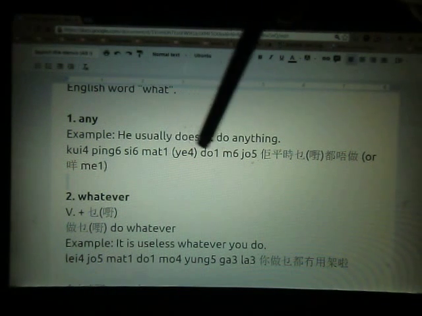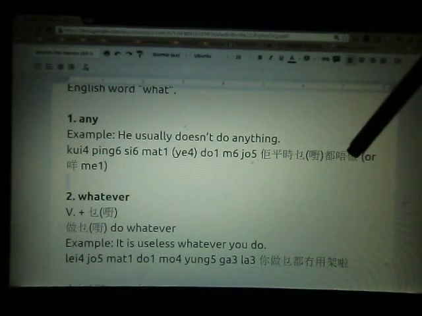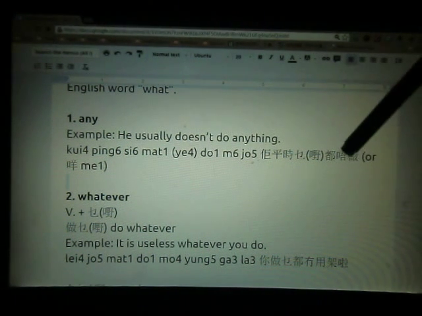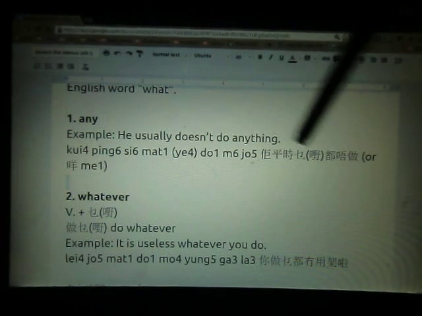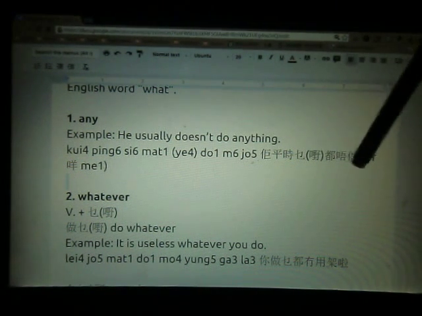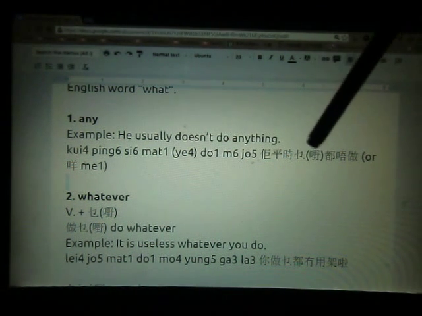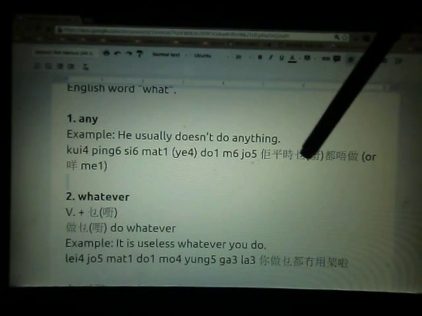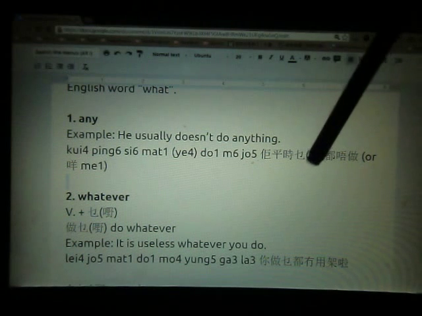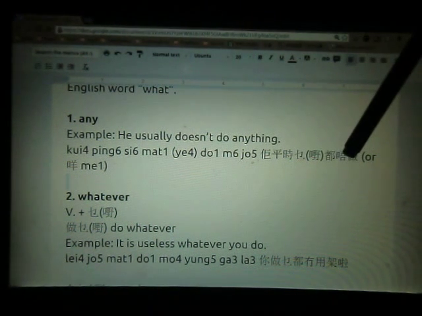Doesn't do, 唔做, 做 is do, 唔做 doesn't do, not do. 佢平時 anything, 乜嘢. Sometimes we say 乜嘢 or 嘢, 嘢 is thing, 乜嘢 anything. So in other words its meaning is actually whatever thing. 佢平時 whatever thing doesn't do.